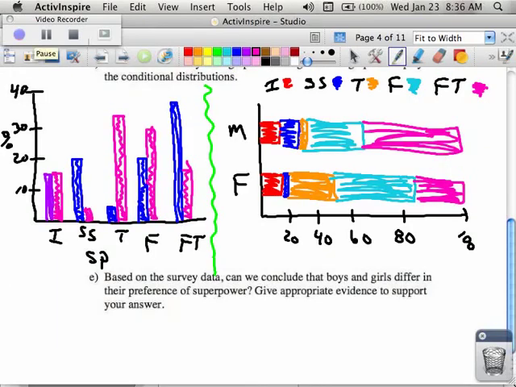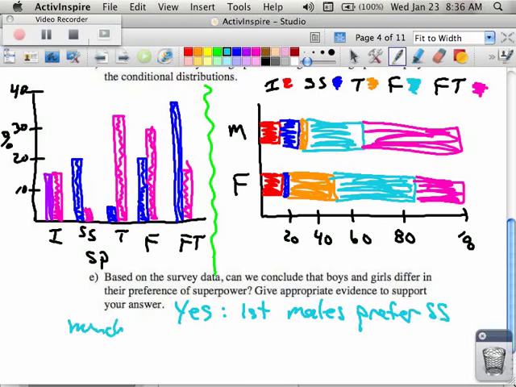So when we're concluding about that side-by-side bar graph and the segmented one, I would say yes, there are some major differences. The first one is that males prefer super strength much more than females.